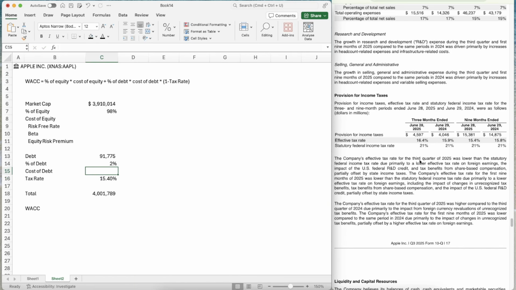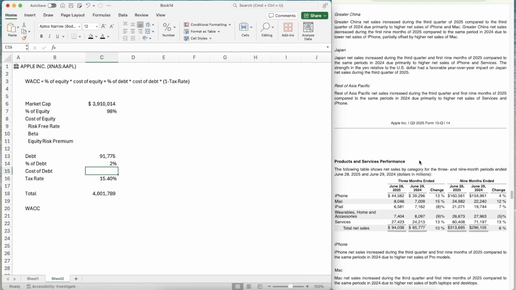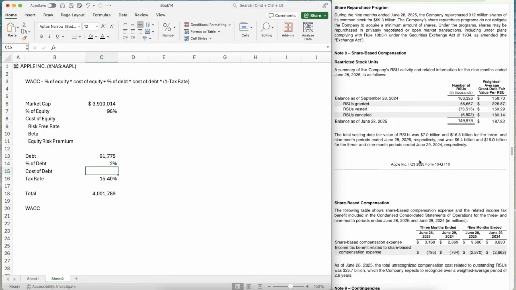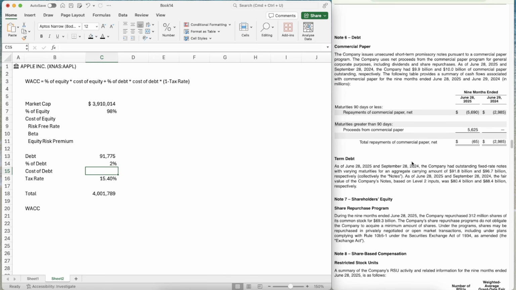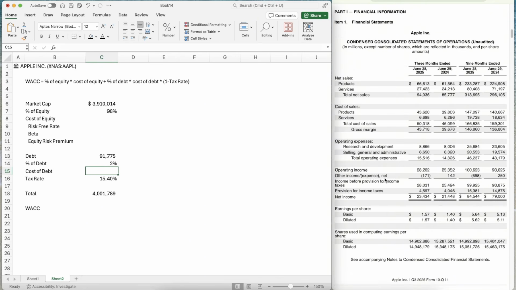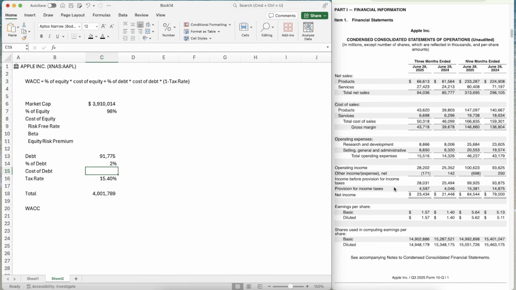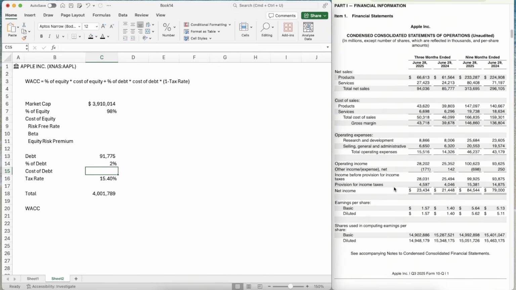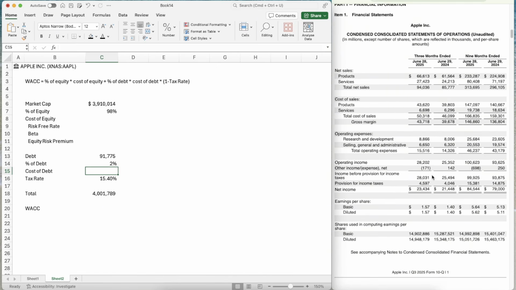The cost of debt, did we see it at the top there? Okay, it doesn't say, so let's just take the other income expense.